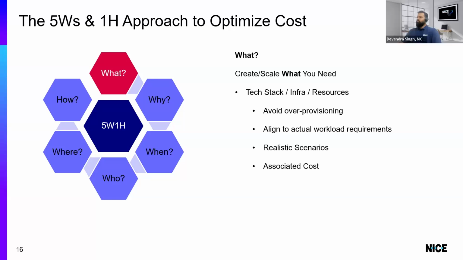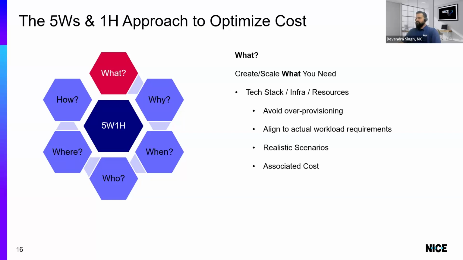It is also important to revisit the decisions regularly, because the workloads may change, the business requirements may change, and we have to be aligned to the business requirements and the growth anticipation. If you are rapidly growing, what made sense 6 months ago may not be relevant today. So we have to adapt and align as per the need.